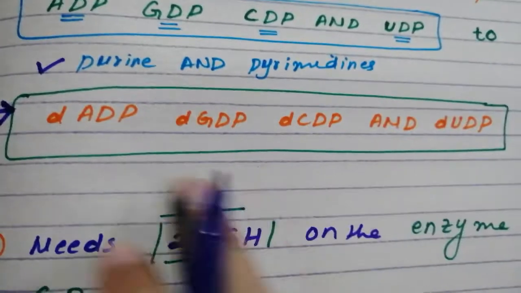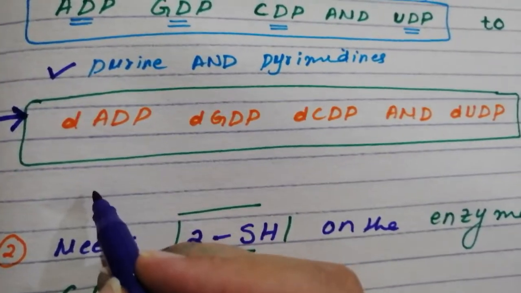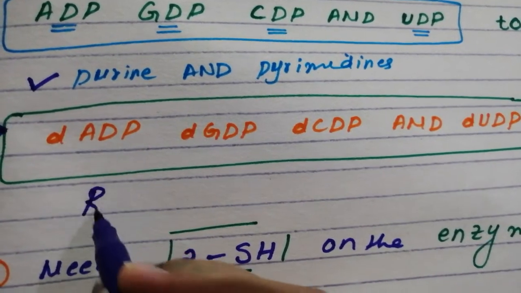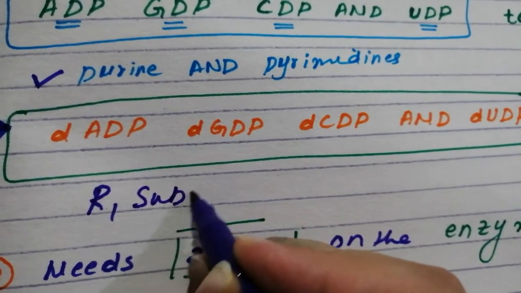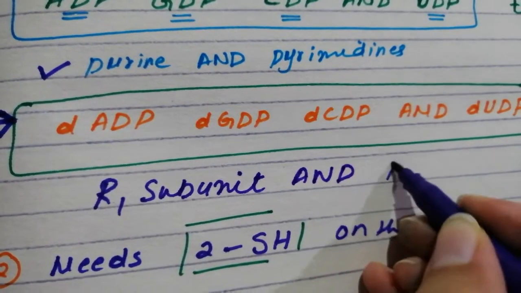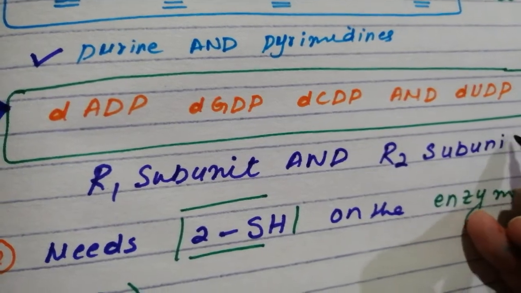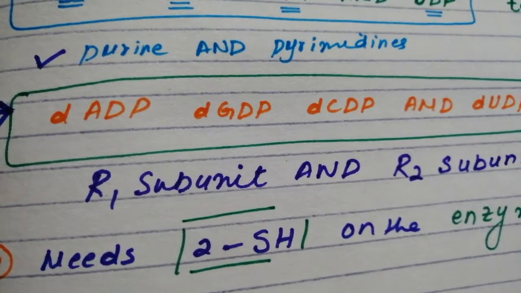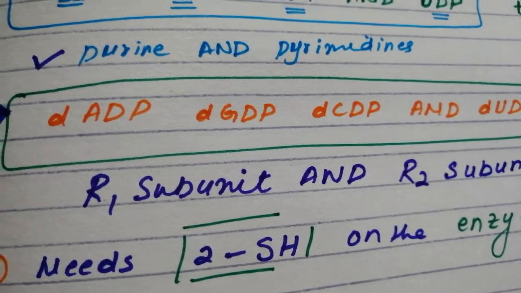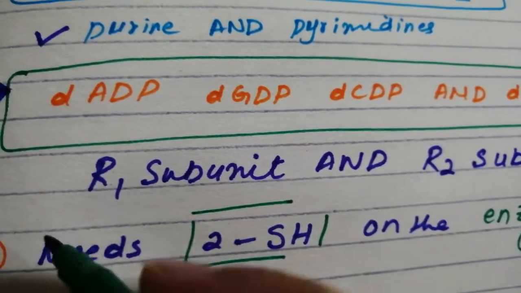Now what is needed for all of this to happen? The second point to know is that the enzyme has 2 components, an R1 subunit and an R2 subunit, right? And the R1 subunit, which is this one over here, has these 2 particular sulfhydryl groups.